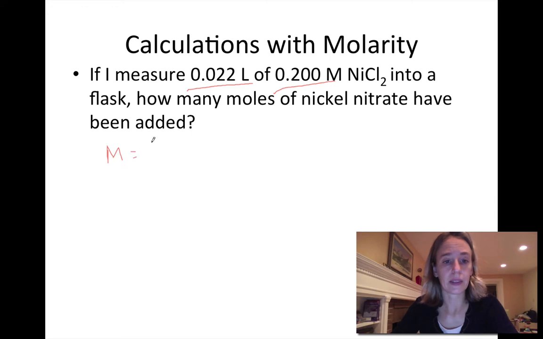Molarity equals little n, the number of moles, divided by volume, again in liters. Here I know my volume and I know my molarity, but I'd be solving for n. If we rearrange this, I can see that n is equal to M times V. At this point I can just substitute in.